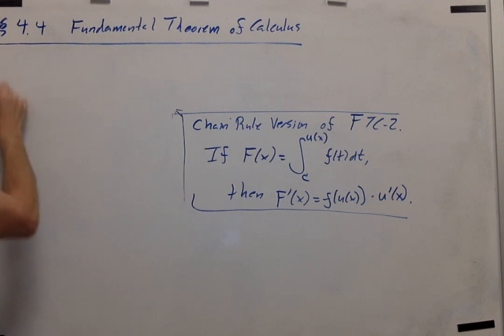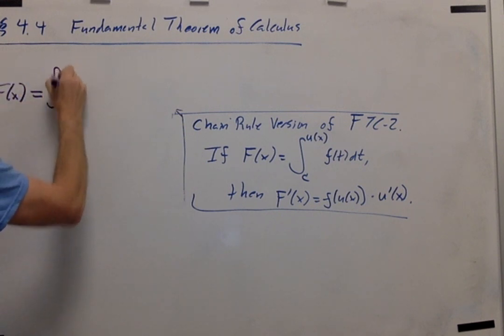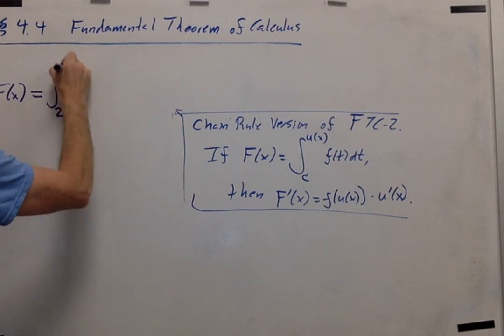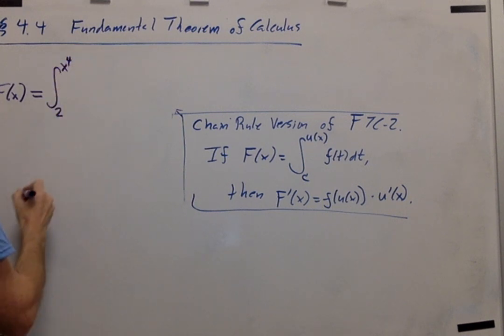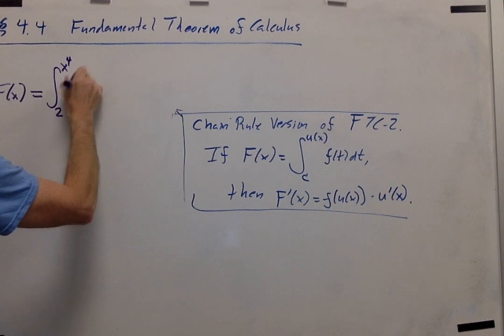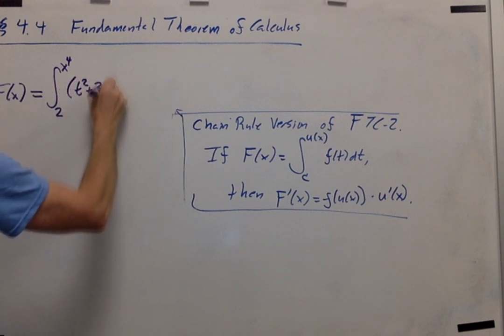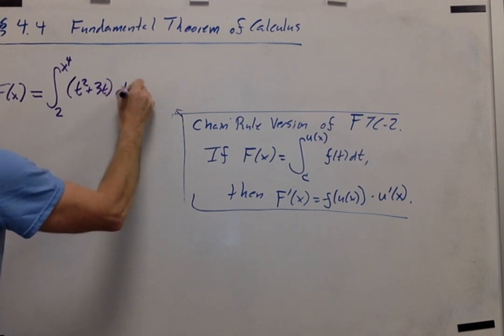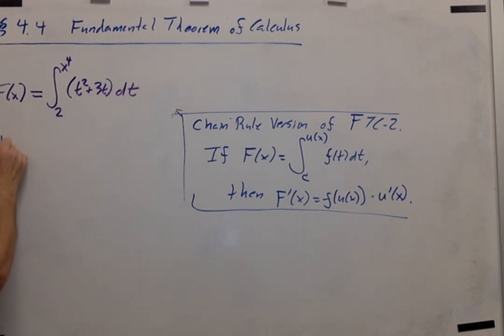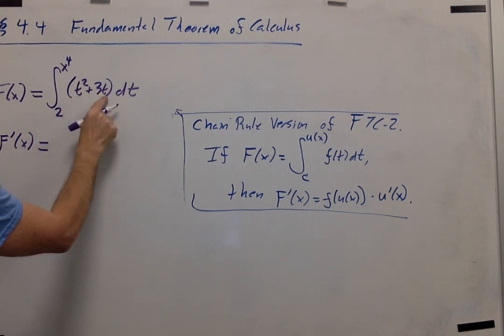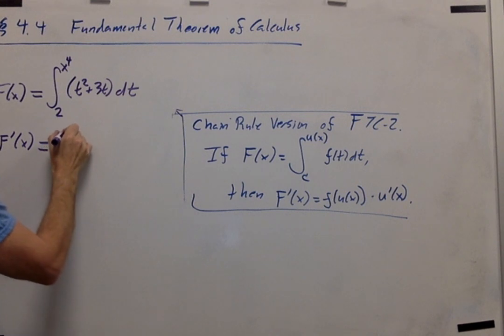Let's say that the big F of x is equal to the integral from 2 to x to the fourth of t squared plus 3t. Then to take the derivative, first of all, you replace each t with x to the fourth.